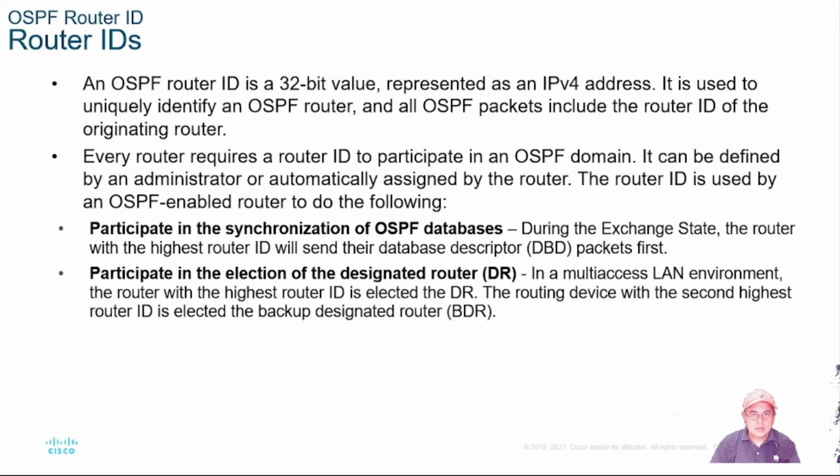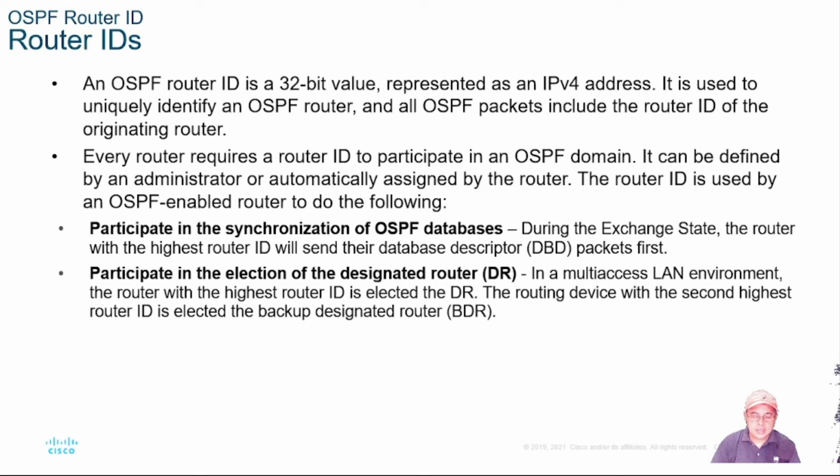This is very important because it identifies the router participating in an OSPF domain. You have to configure the router ID because it is included inside the OSPF packets, and every router requires a router ID to participate in the OSPF domain.